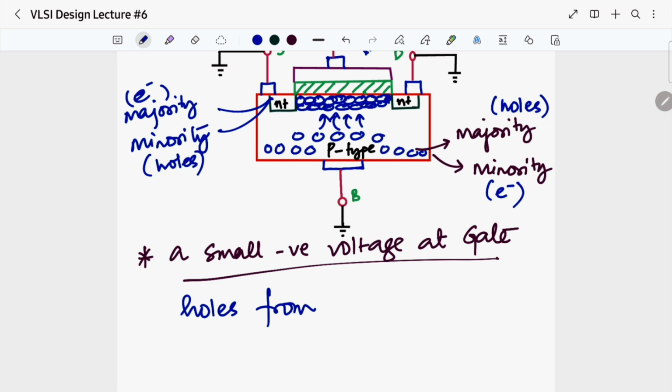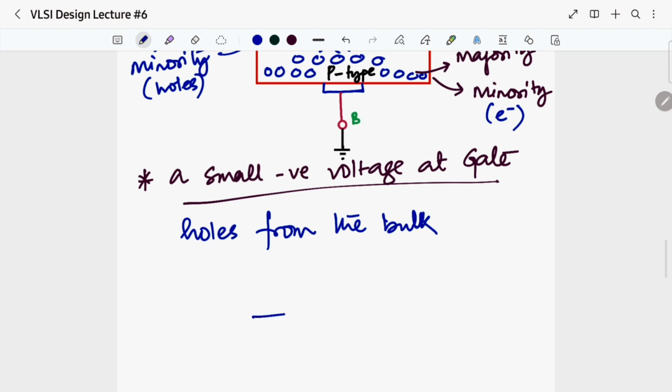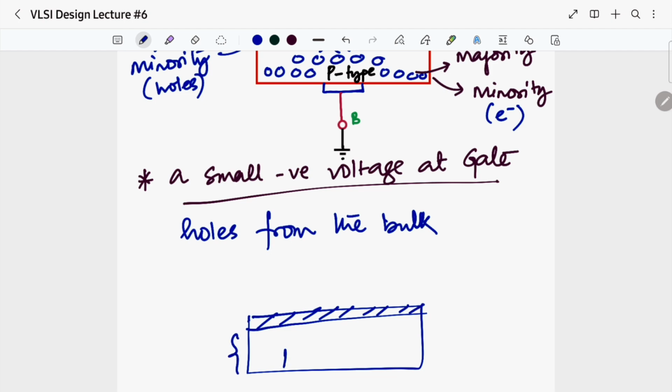That the holes from the bulk accumulate at the surface. Bulk means what? This is my p-type substrate. This portion I am saying is the surface, so the rest part will be termed as bulk.